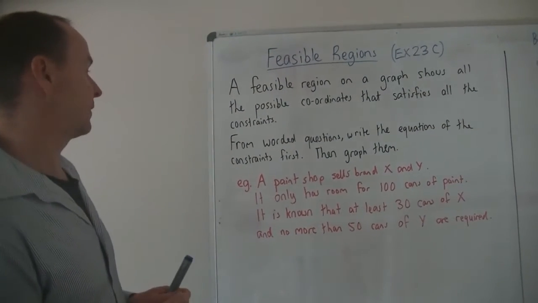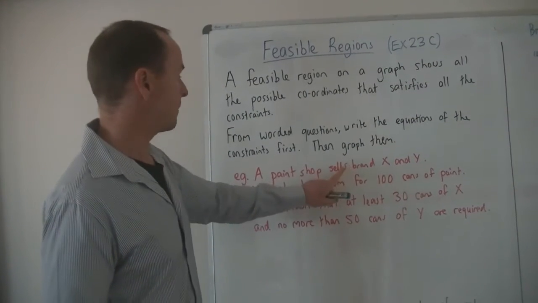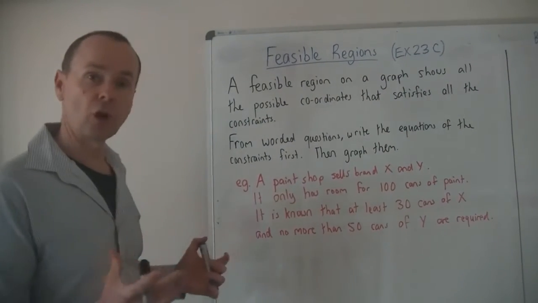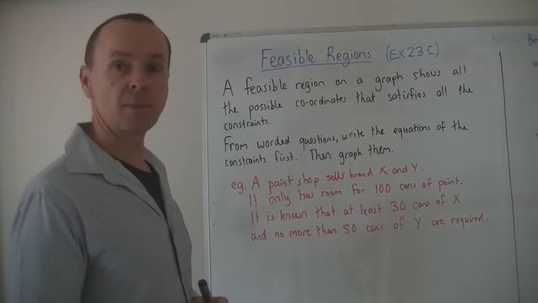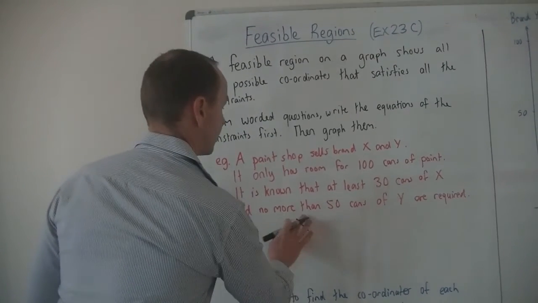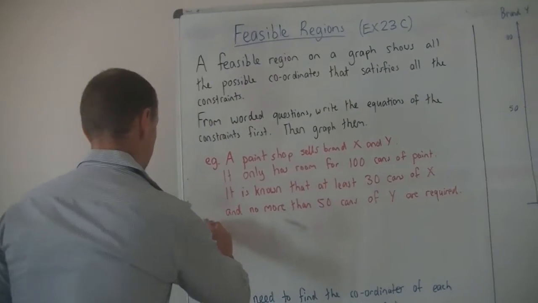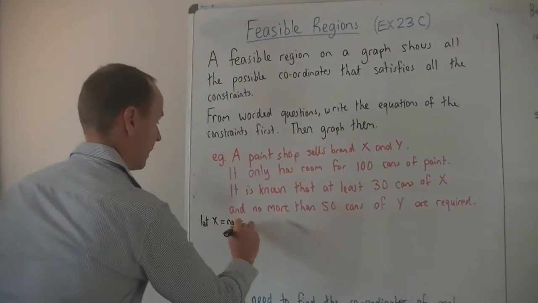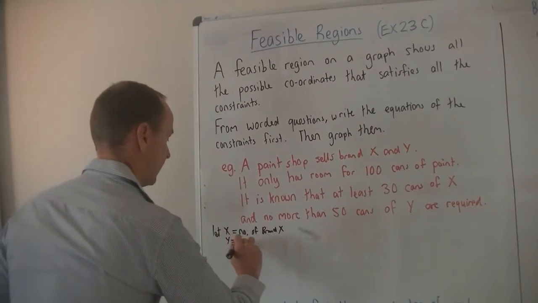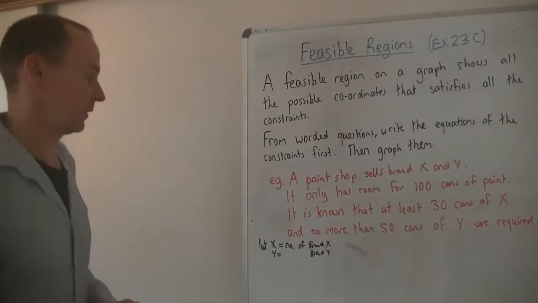So the first one that I can see, it says there, it only has room for 100 cans of paint. That means that the number of X and the number of Y brand in total can only be a maximum of 100. So the way we can write this equation, firstly we've got to define the variables. So I should say, let X equal number of brand X and let Y equal number of brand Y. Okay, so that was a given.